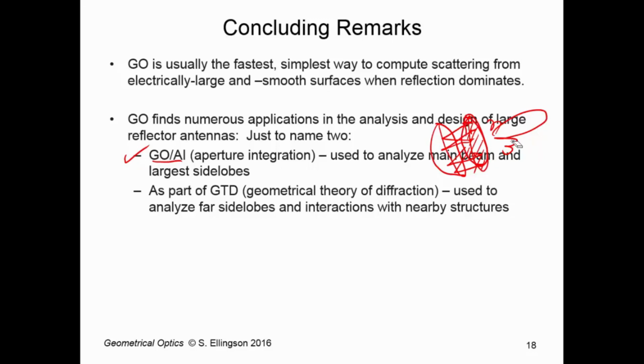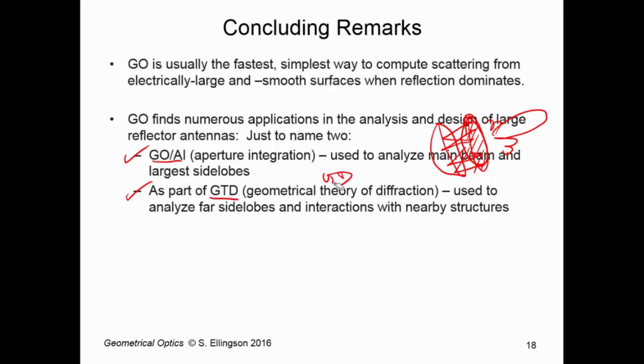The other way we use geometrical optics is as part of a technique known as GTD, or the geometrical theory of diffraction, or what we'll call UTD, which is the uniform geometrical theory of diffraction. In these methods, GTD and UTD, geometrical optics is the way that you compute ray contributions associated with line of sight and reflection.